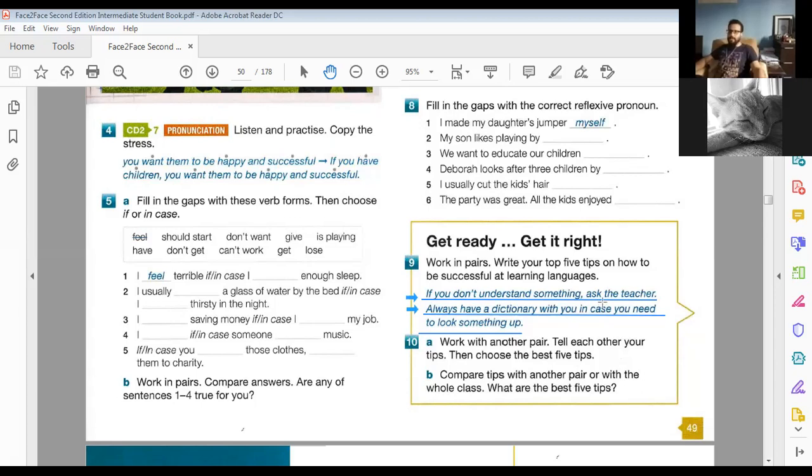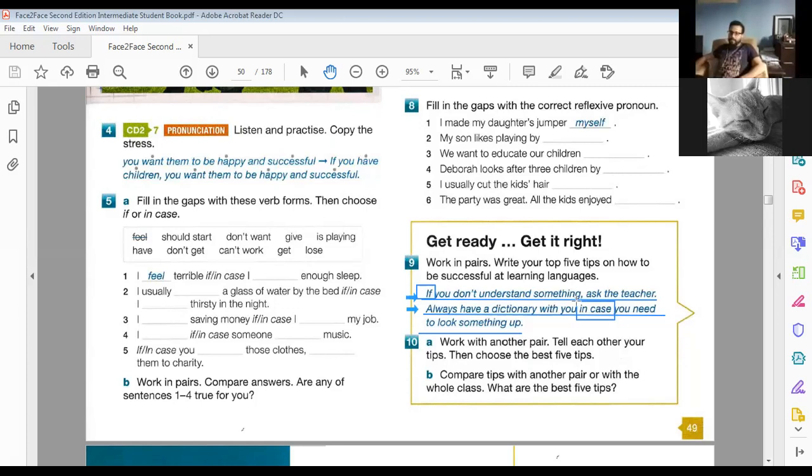And you're going to give me a group of tips. And you want to use, you should use if and in case. So all your tips have if and in case. All right. So you might need to write them maybe on a paper to help you.